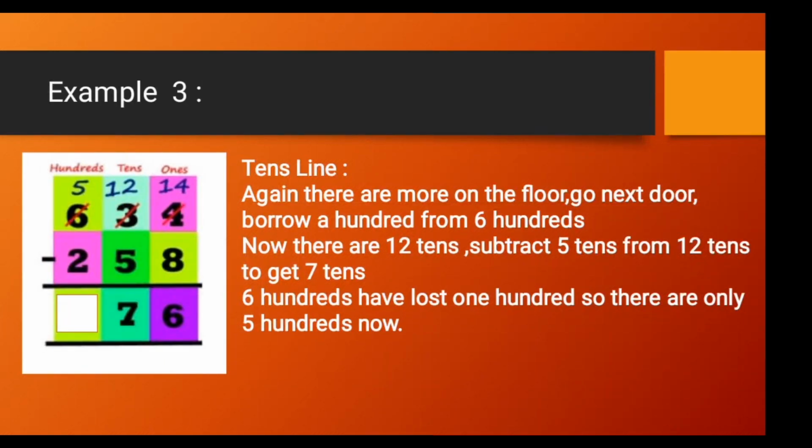Tens line. Again there are more on the floor. Go next door. Borrow 100 from 600s. Now there are 12 tens. Subtract 5 tens from 12 tens to get 7 tens. 600 has lost 100, so there are only 500 now.